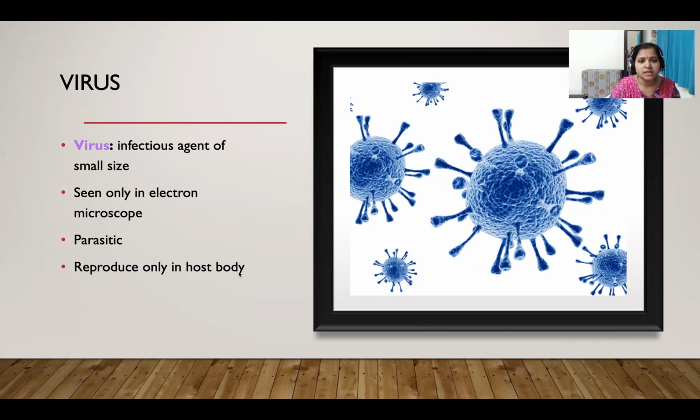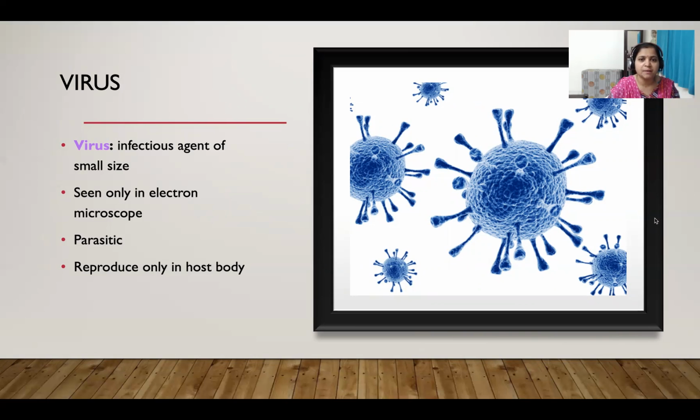Most scientists consider them a transitional link between living and non-living because they can only be active inside the host body. So these are the different types of microorganisms, mainly 5 types. Most of them are very harmful. Viruses can cause influenza, measles, flu, so many diseases.